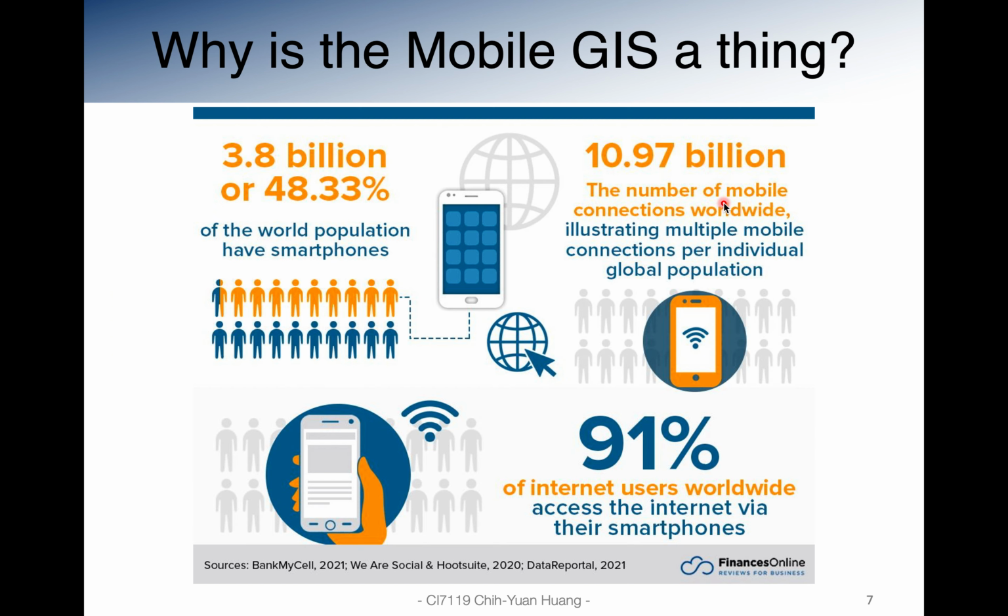So, for example, as we can see from this statistics report in 2021, it shows that there were 3.8 billion of the world population, which is about 50% of the world population, who own smartphones. Which is a very large percentage of the population.